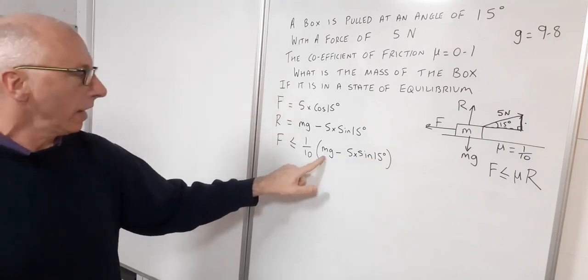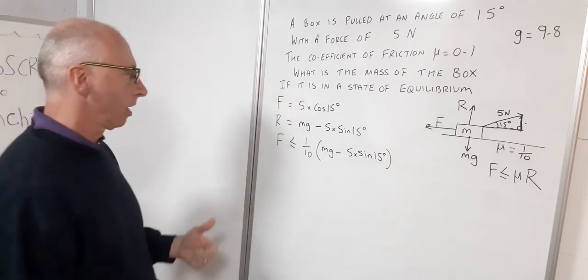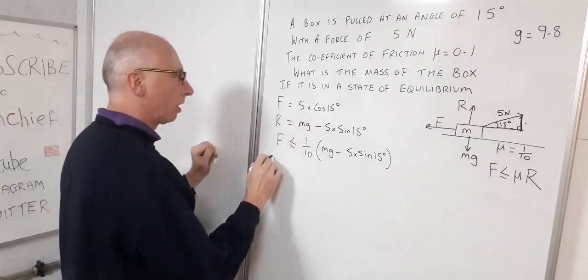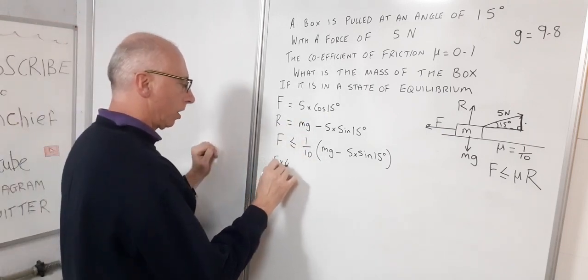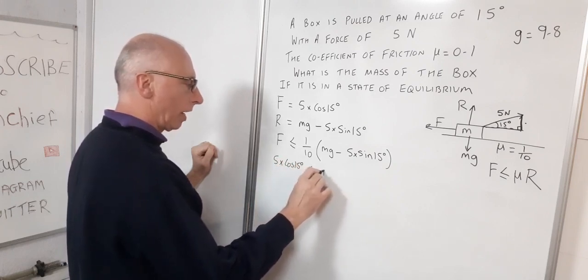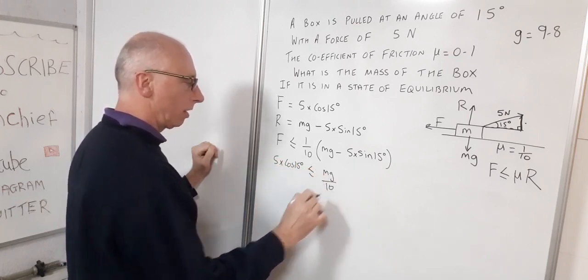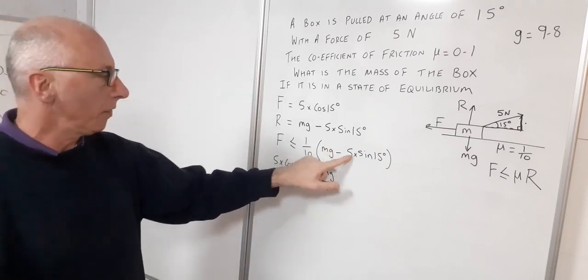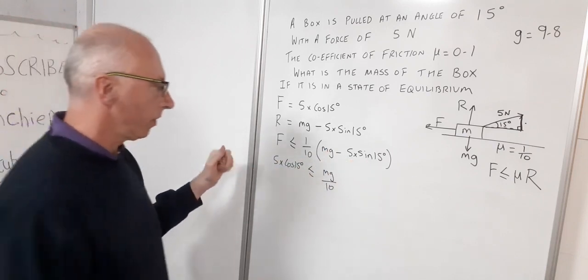So our goal now is to get this m isolated. Okay, so F is 5 times cosine of 15. So 5 times cosine of 15 degrees is less than or equal to mg over 10, distributing this 10, and then divide 5 by 10, so we'll have a half of sine 15.